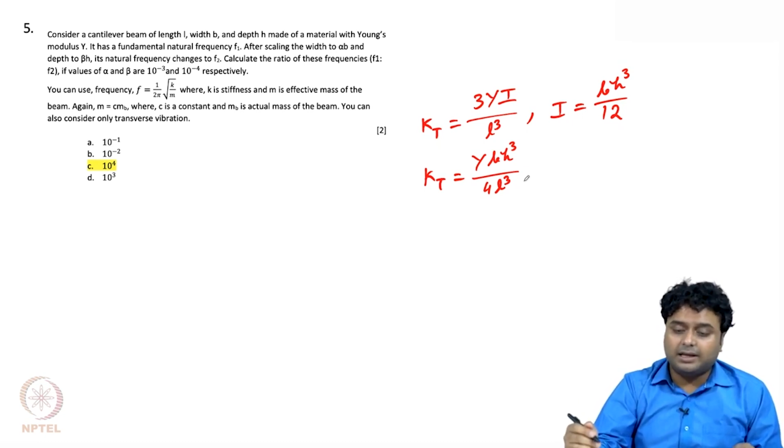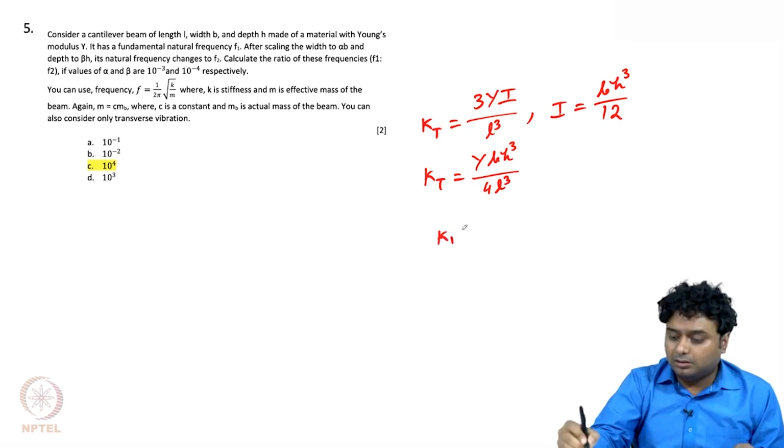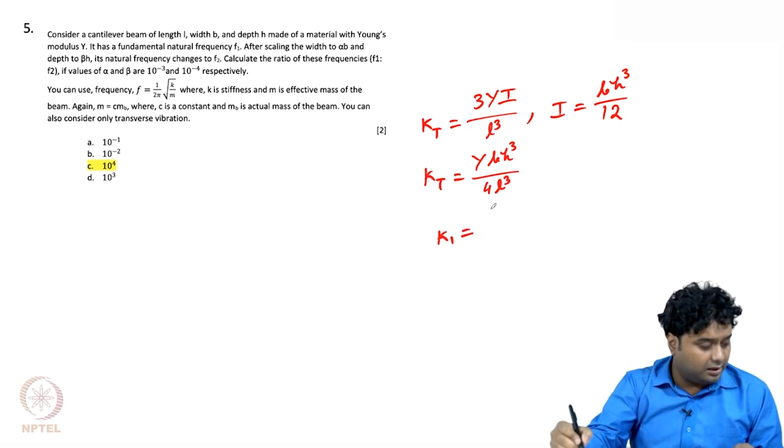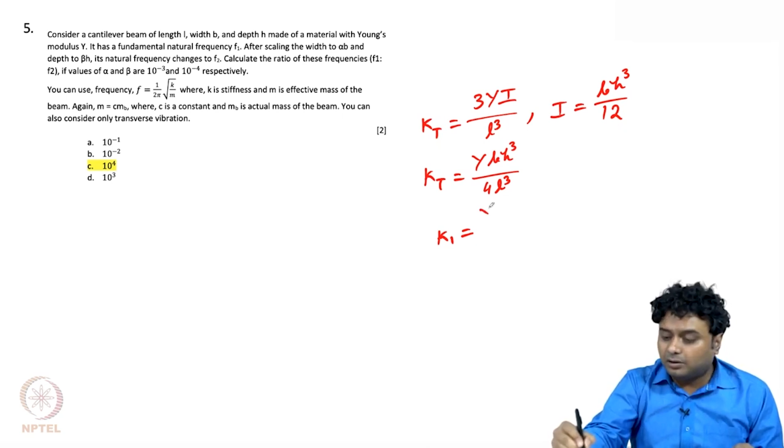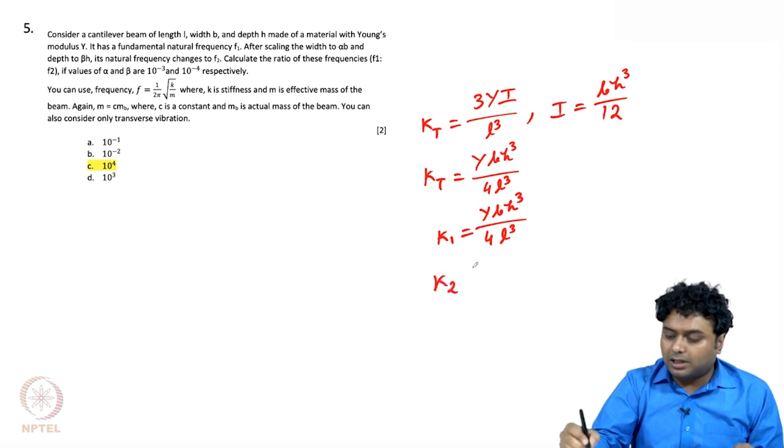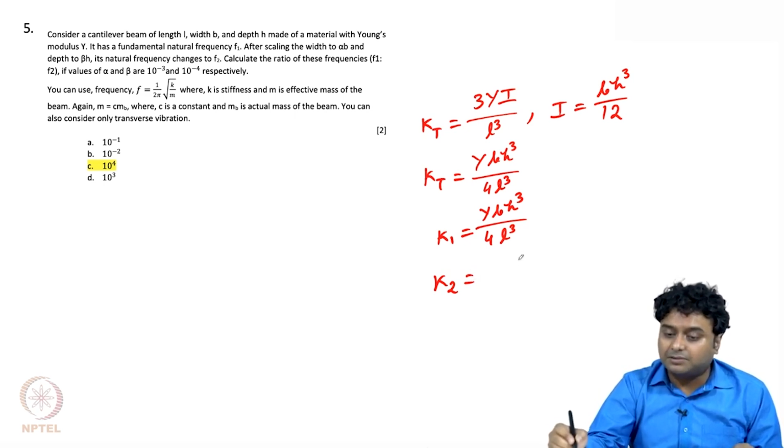Now for both the cases, alpha and beta, one case is only B, H, L, and in another case we are multiplying with the scaling factors alpha and beta. So K1, where we are not multiplying any scaling factor, will be Y B H cube by 4 L cube, and K2, where we are multiplying with a scaling factor, B becomes alpha B and H becomes beta H. So it will become Y alpha B into beta H whole cube divided by 4 L cube.